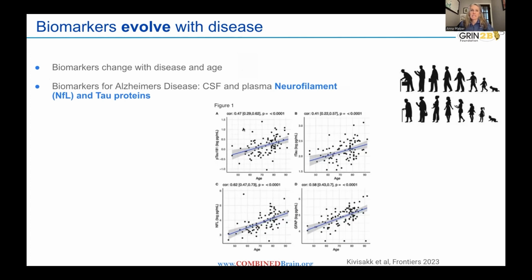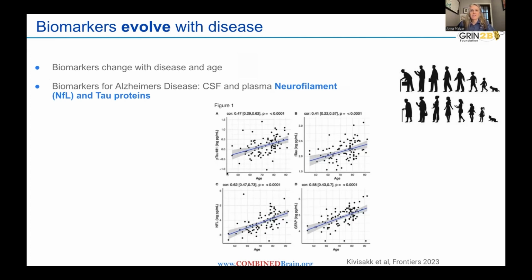So if you look at these four figures here, two on the top, two on the bottom, the two on the top are looking at tau levels in a particular individual. The bottom one on the left-hand side is looking at neurofilament levels. And then this fourth one over here is looking at a different biomarker called glial fibrillary acidic protein, or GFAP for short.